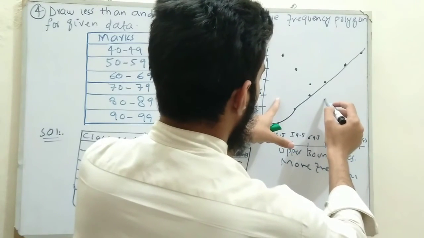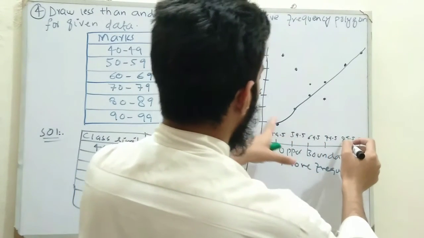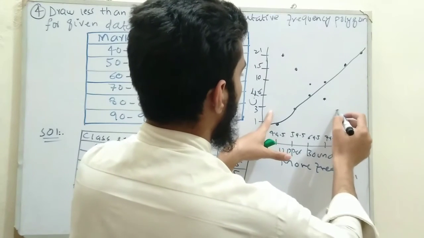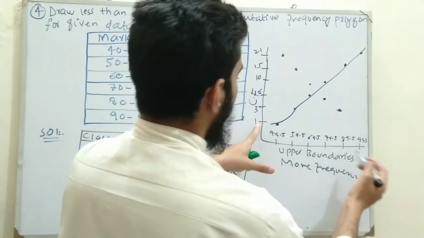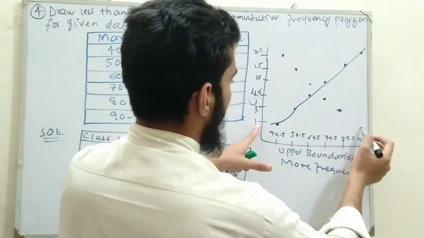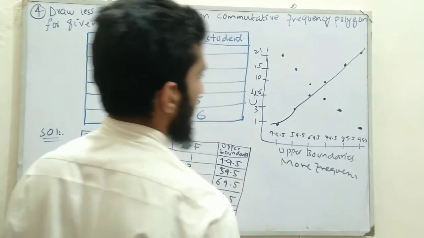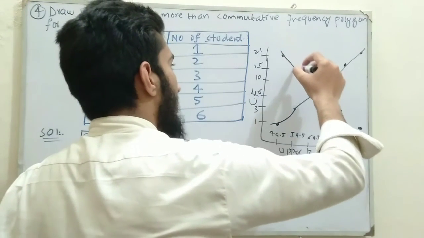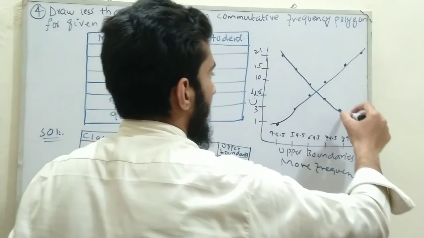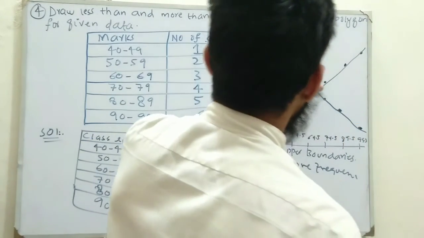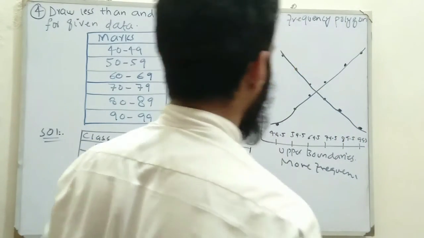In front of 89.5 we will consider 3. Here is 3 and here is 1 and here is 99.5. So the graph will be just like this. So this is a less than cumulative frequency polygon.